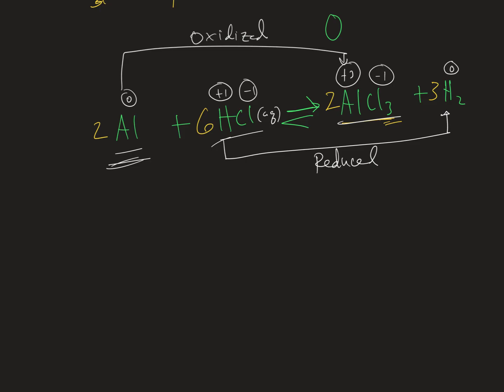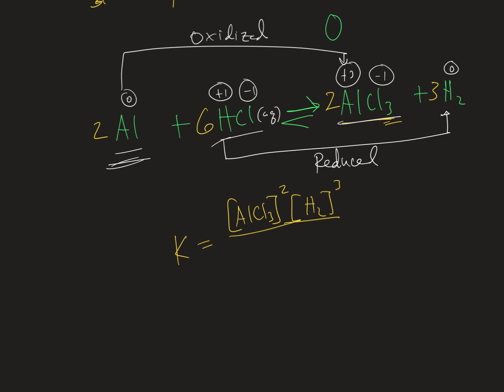I don't know that this is a reversible reaction, but okay. So equilibrium constant K is equal to what? What goes on top? The products. So we have the AlCl3 concentration. What do we raise it to? Second power. H2 raised to the third power.